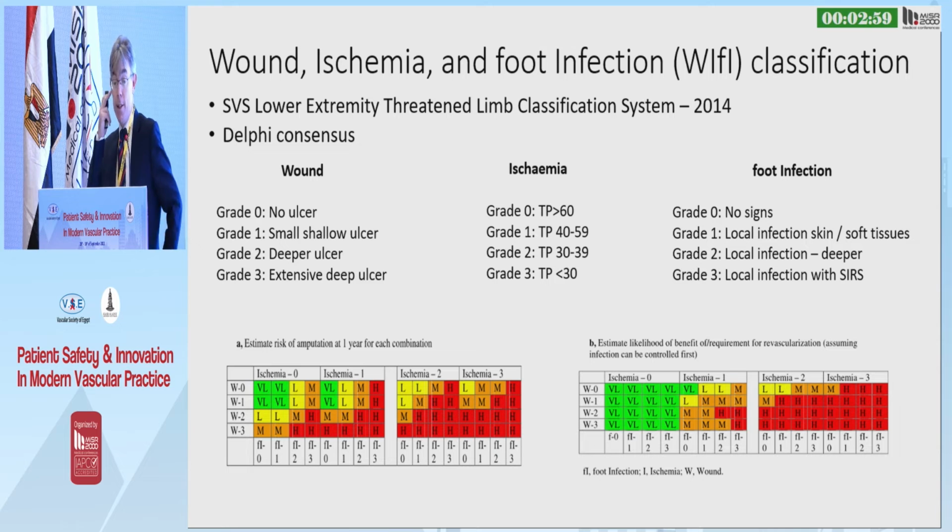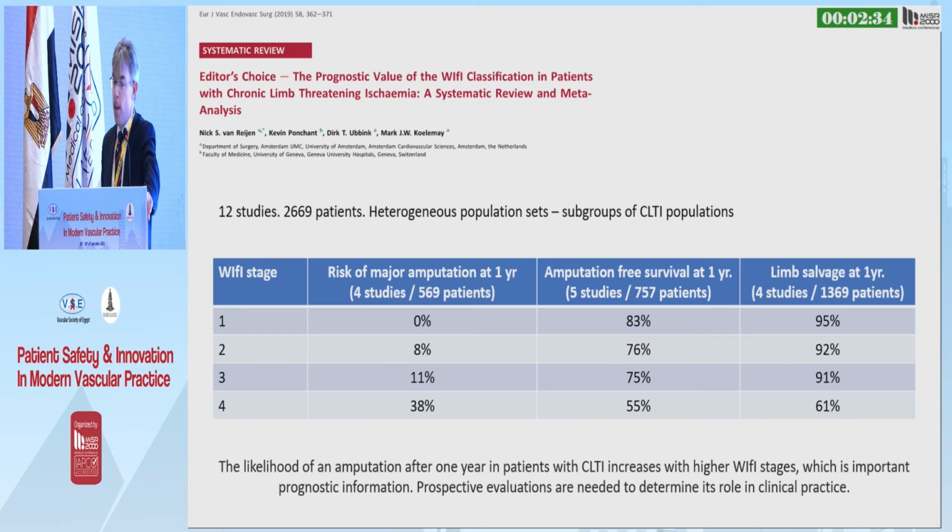What about WIfI? This is a little bit more mature. It combines not only the degree of ischemia, but also the state of the wound and the degree of infection. You can grade all three of these, and it produces a nice matrix. The matrix will estimate your risk of amputation at 1 year and your likelihood of benefit from, or requiring, revascularization. And there's good data now that WIfI has prognostic value.